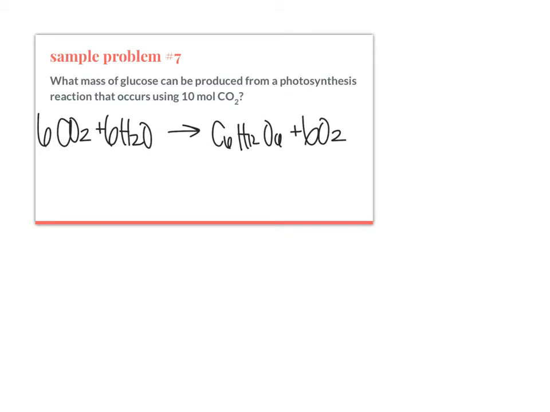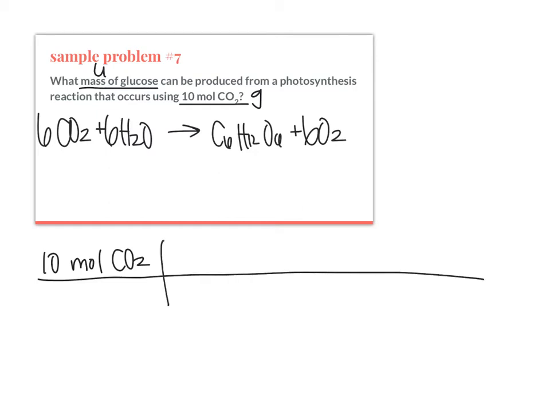Next step, identify the given and the unknown. It's asking for mass of glucose, so that's our unknown. And it can be produced from a photosynthesis reaction using 10 moles of CO2. That is our given. So let's start. We have 10 moles. You should be writing this too. 10 moles CO2. If I have moles of CO2 on top, I have moles of CO2 on bottom.